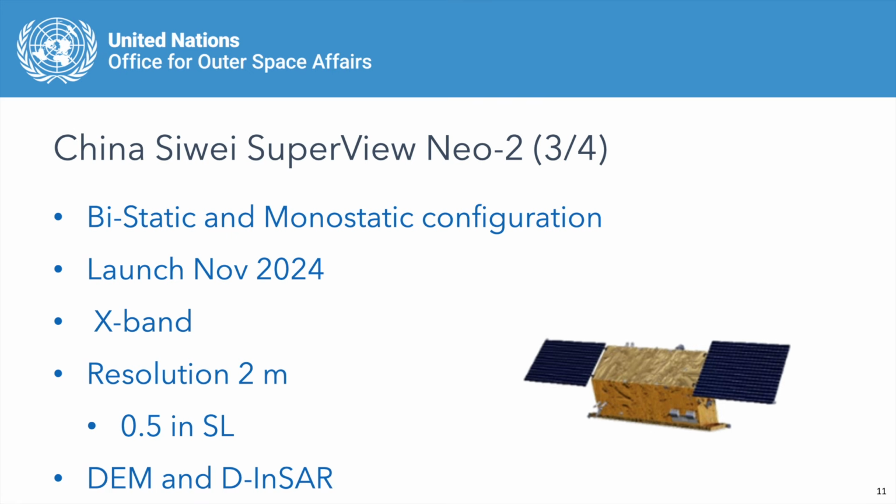It's an X-band system with a stripmap resolution of 2 meters, reaching half a meter in spotlight mode. Now, bistatic, as I explained before, is very good for DEM generation, and that's what it's currently specialized in, what's currently operational. And then monostatic configuration with higher repeat pass cycles is better for DInSAR.